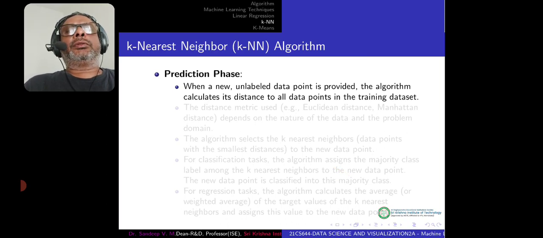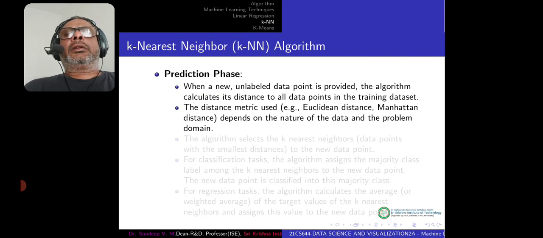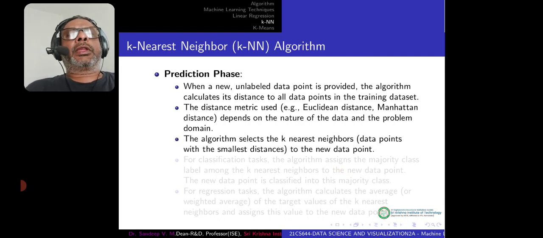When a new unlabeled data point is provided, the algorithm calculates the distance to all the points of the training set. The distance metric used may be Euclidean distance, Manhattan distance, and so on, depending on the nature of the data and the problem domain.